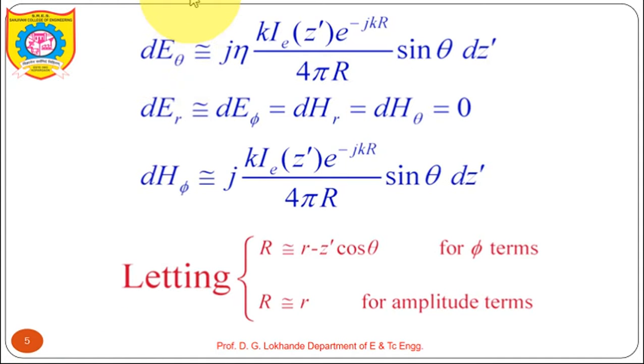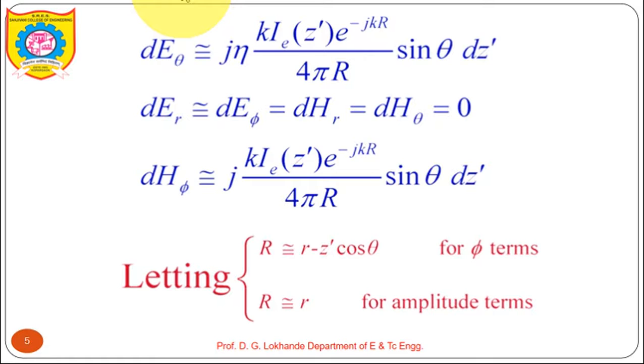From the figure we already know that the finite dipole antenna is subdivided into a number of infinitesimal dipoles of length delta z. As the number of subdivisions is increased, each infinitesimal dipole approaches a length dz dash.